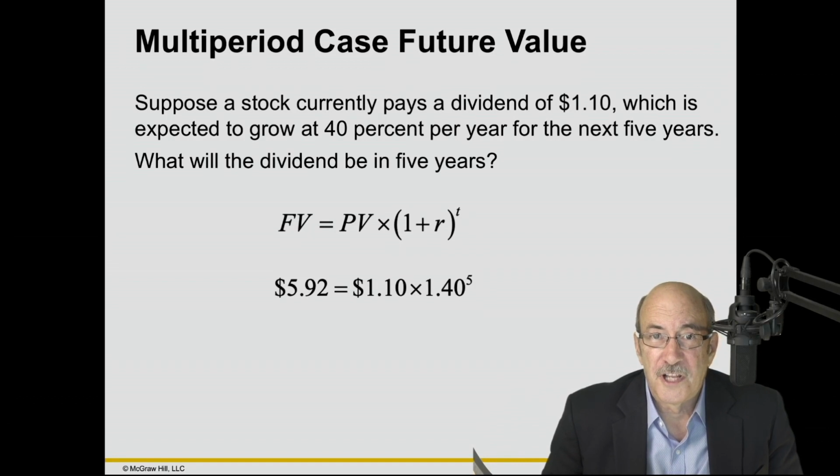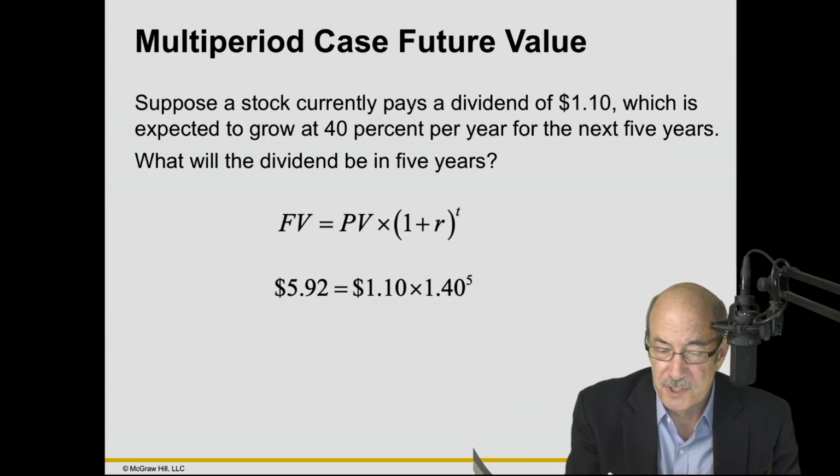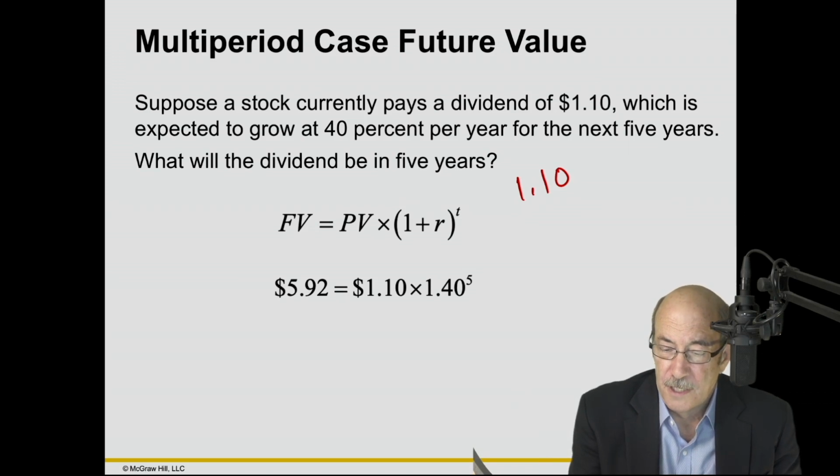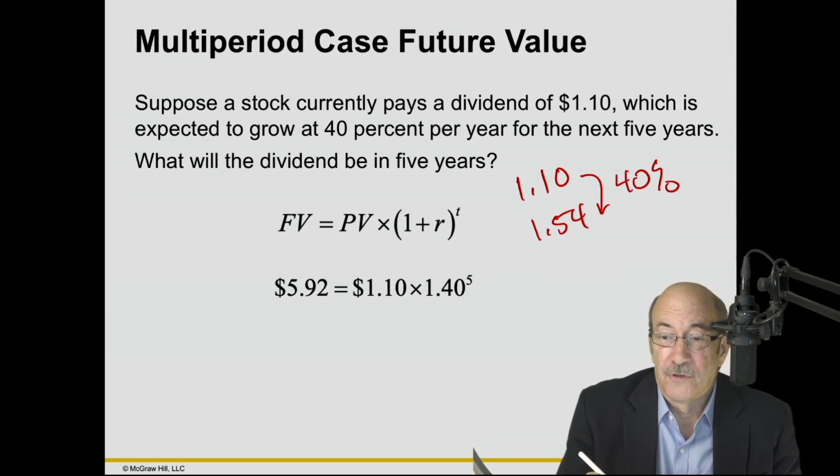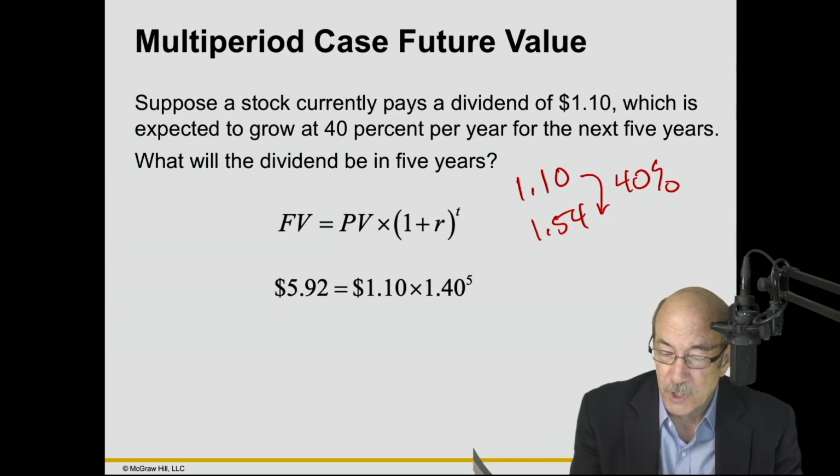Let me put it in a slightly different frame. That first $1.10 that we have as a dividend, then we increase it by 40%, and we get $1.54. So that's $1.10 times 1.4 is $1.54. So that's an extra 44 cents on there. All right. Now, the next time we do this, we're going to take the $1.54 and increase that by 40%.